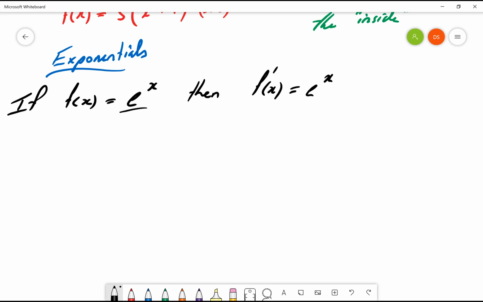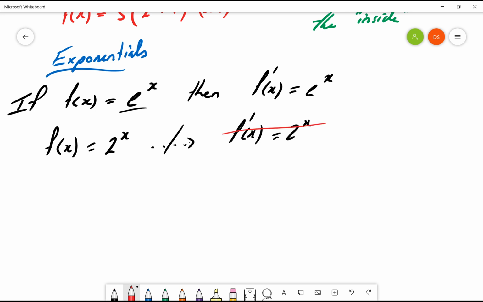Remember, you have a special case. So it does not necessarily mean this stays true. No, this is not true. However, the exponential e equals a number that is 2.718, and that's a special case.